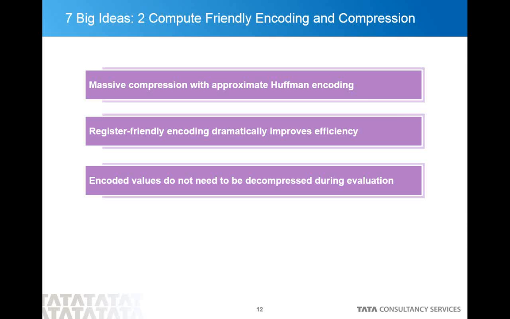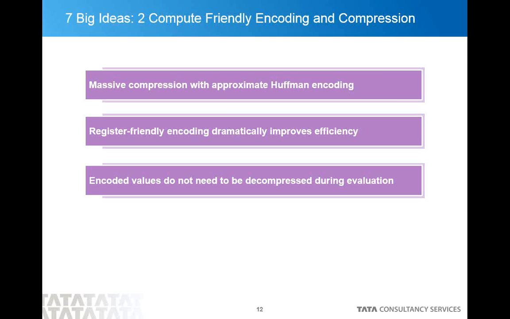Let's take an example. We have a table called employee, where we are storing the employee details, say employee name, employee ID, year of joining. So we see that in employee name, the name Sumit has been repeated many times.